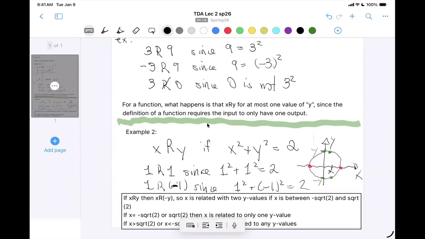A single x value could be paired with 0 y values or with one y value, but those are the extreme situations. So okay, so far so good.